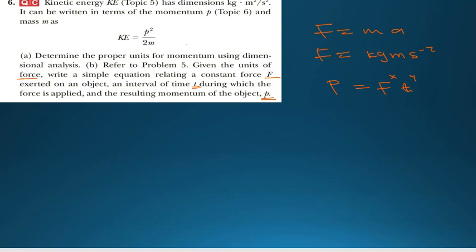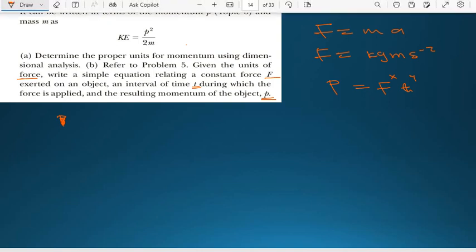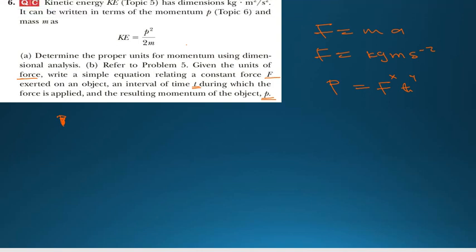Let's go ahead now and do some mathematical manipulation. Momentum, guys, we are from finding the units of momentum. The units of momentum, which we found to be, let me check, I think I remember, kg meters s to the power negative 1.